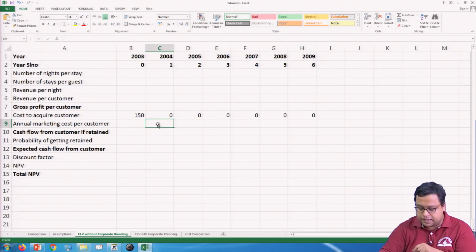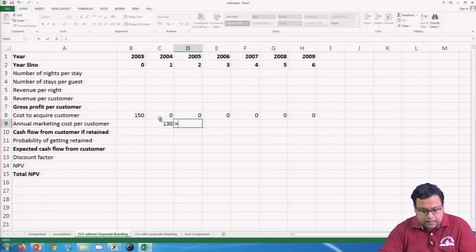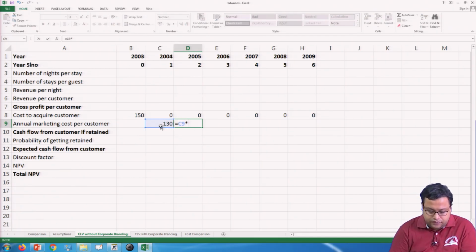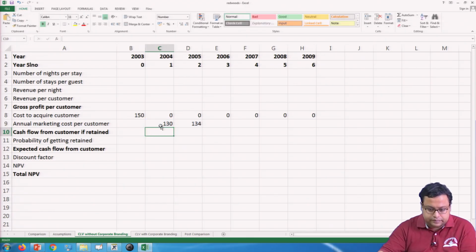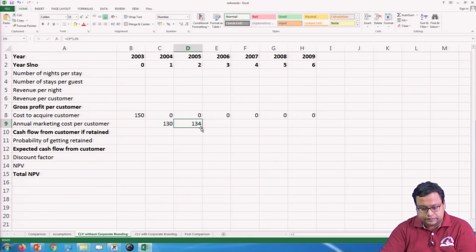In the first year there is no marketing cost. In year 1 the marketing cost is 130, and it goes on increasing at a rate of 1.03. So, this is the cost.